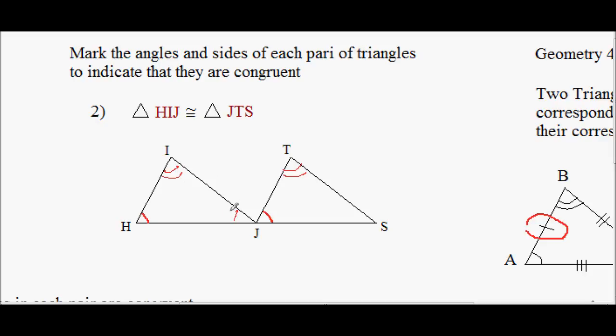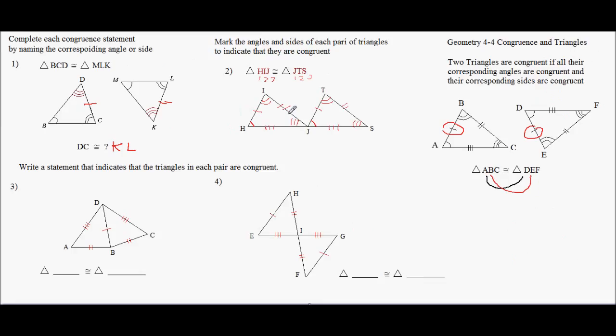And then this has three marks, and this has three marks. And then the HI, that's the first one. JT is the first one. This is the second one, right? This is the third one. So they want something like that. They want the first angle. This is the first angle, right? This is the second one. This is the third one. Second, third. See that? Okay.